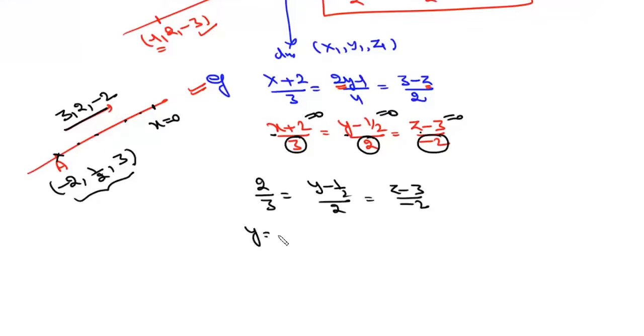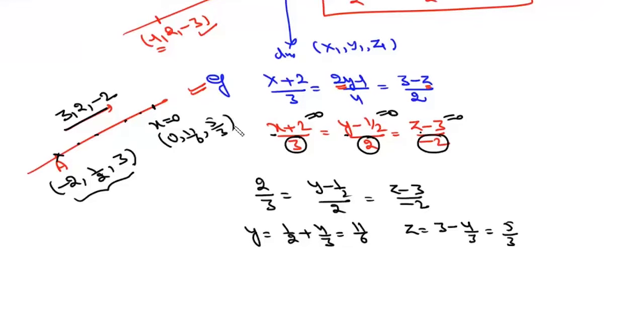Now we can write this as y equals 1 by 2 plus 4 by 3, which is 11 by 6, and then z equals 3 minus 4 by 3, which is 5 by 3. So another point on this line is 0, 11 by 6 and 5 by 3. So we can put in the value of any one variable and then we can get the values of the other two variables from this equation.